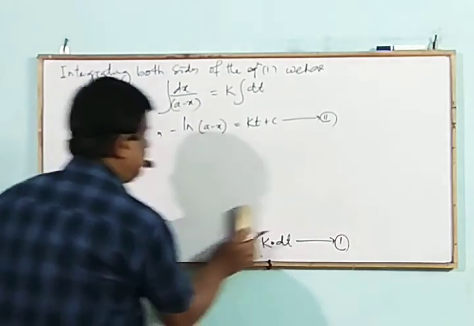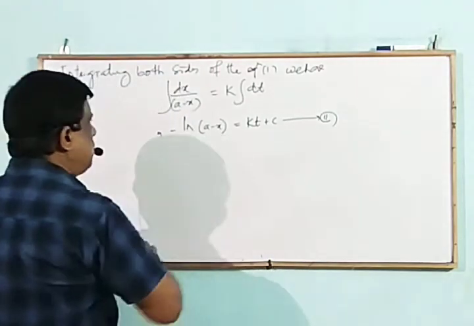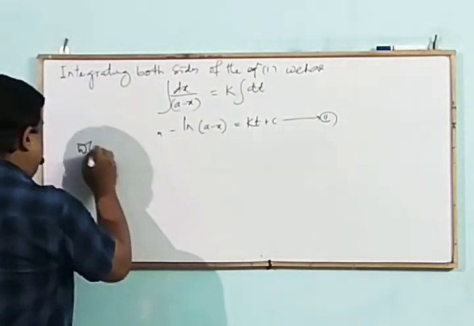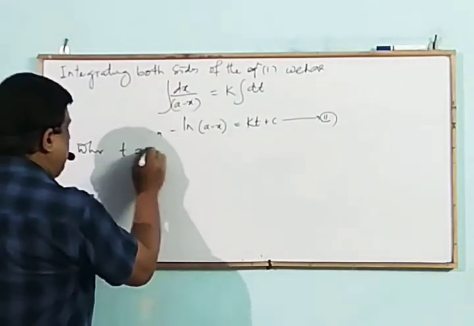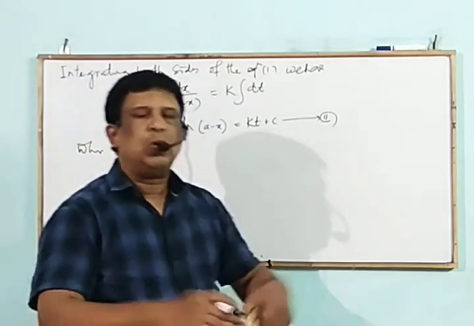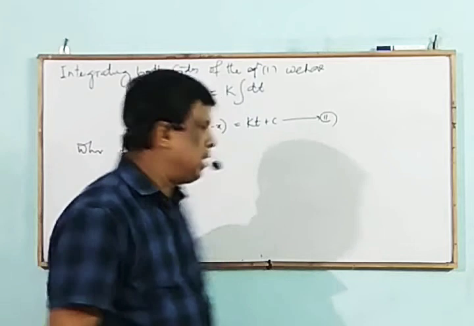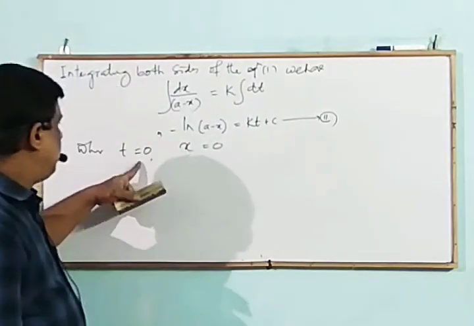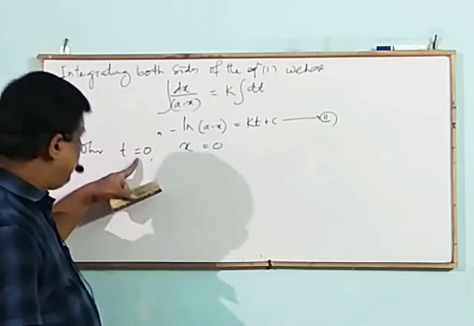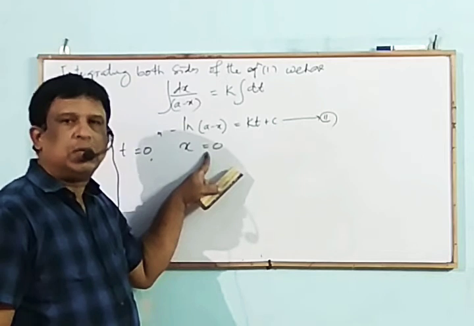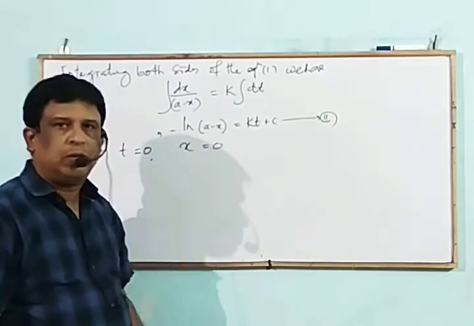Mark that. We have to find out the value of c. When time t is equal to 0, when the reaction has not proceeded, there is no loss in concentration of reactant, that is x is equal to 0.